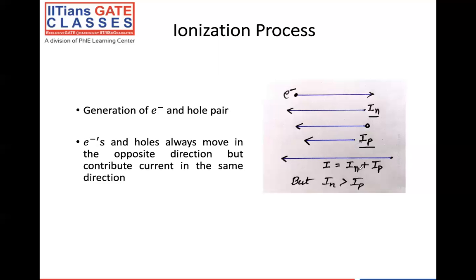Here In is the current due to electrons and Ip is the current due to holes. So electrons and holes move in opposite directions, but they contribute current in the same direction. And one more thing, In is always greater than Ip. Why? Because the mobility of the electron is greater compared to the hole. That concept we'll understand in the mobility topic. So let's go further.